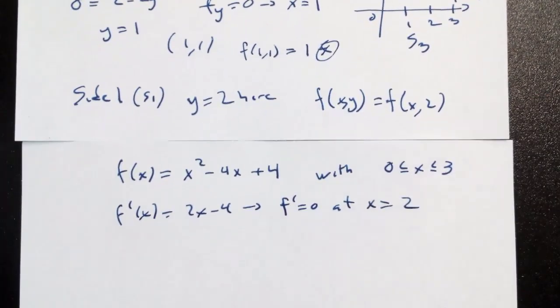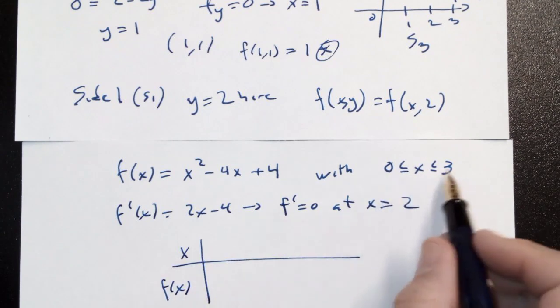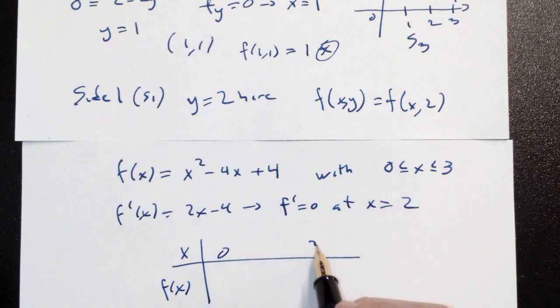And then I say, oh, x equals... f of x equals, and now I take the ends, 0 and 3, and I take the critical number in the middle, and I plug them in. What happens when you put in 0?